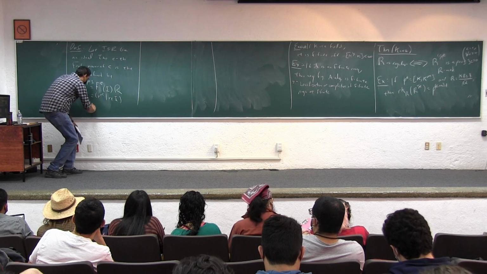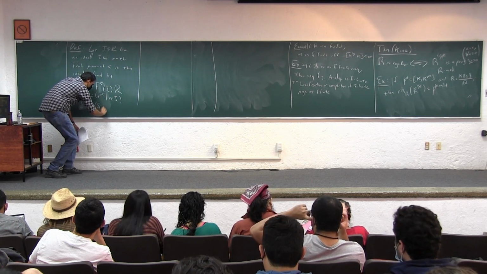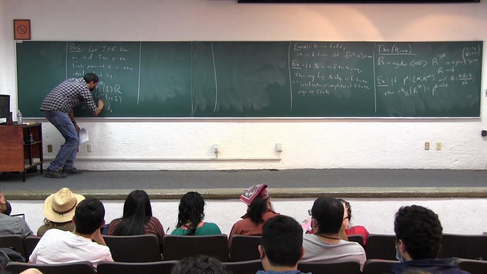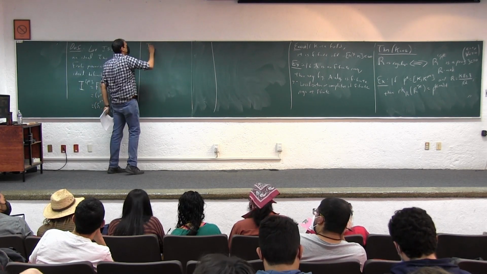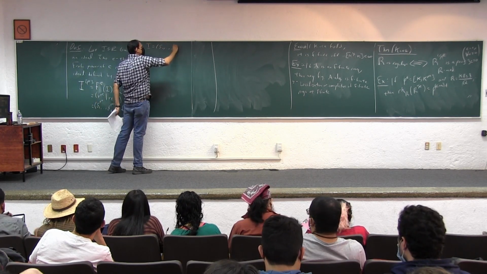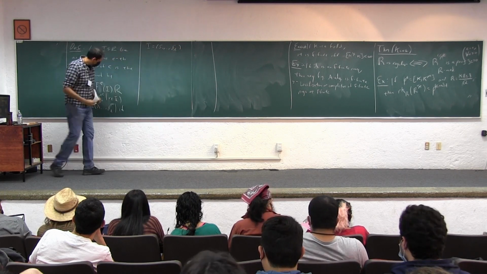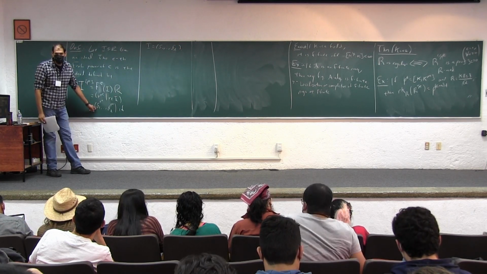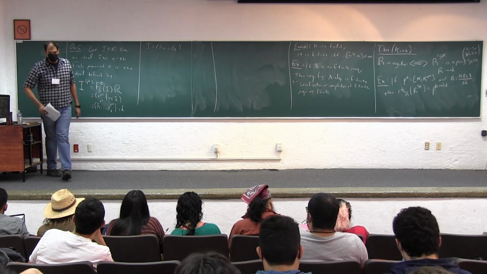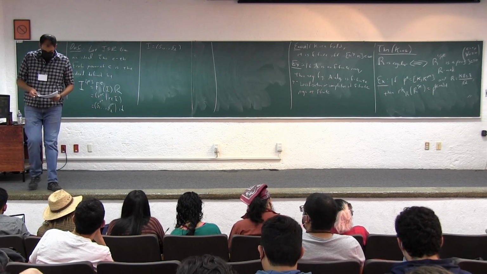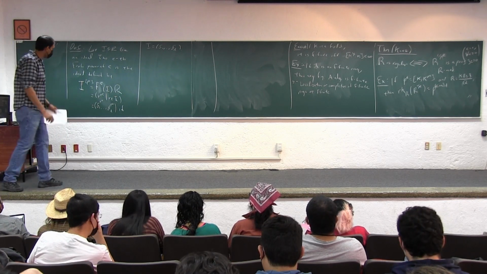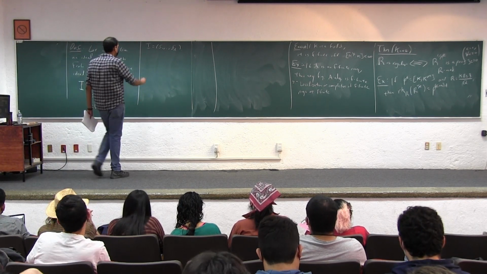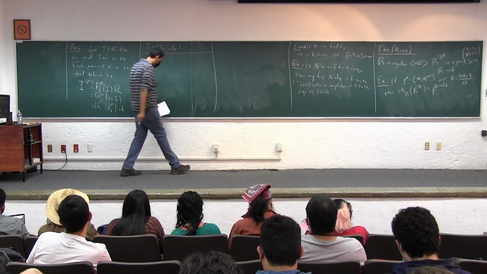And if I is generated by elements f1 to fl, then I bracket p to the e is generated by the p^e powers of the generators. This is called the Frobenius power. And this plays a very important role in characteristic p.